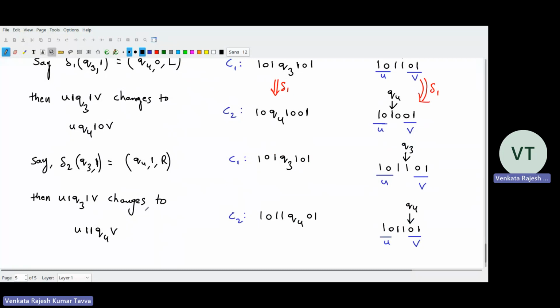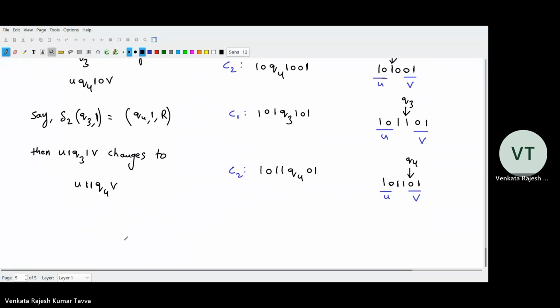The entire left portion is in S, and the entire right portion is in T. If you are using UV, the middle symbols you are specifying explicitly. Okay, that's all.